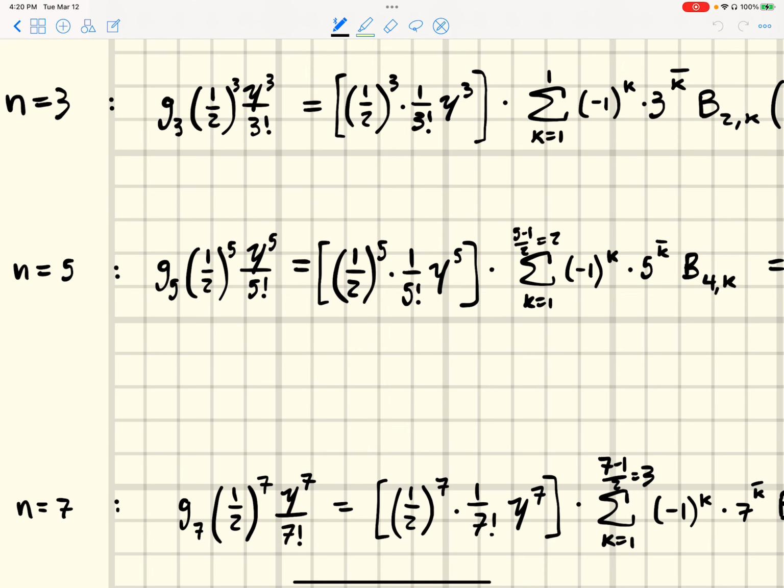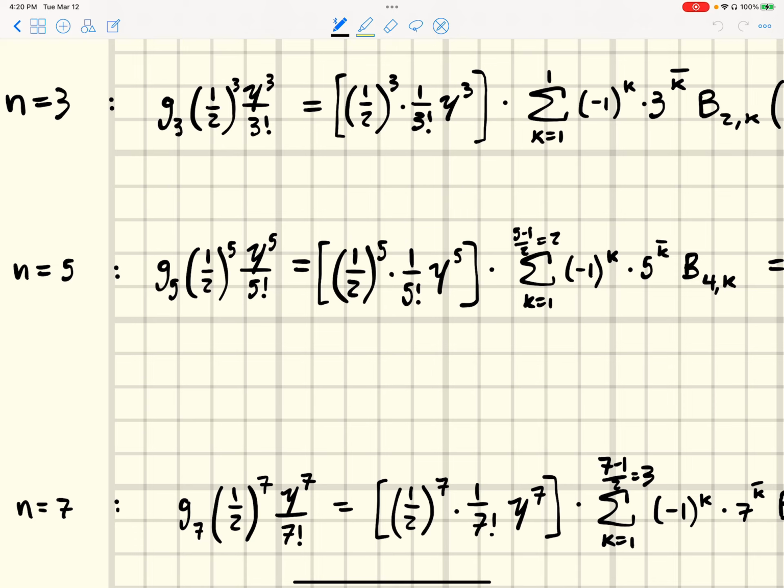Then n equals 5, same story, just a little bit more involved. Once you get the idea, these become extremely easy to calculate as long as you are comfortable with calculating Bell polynomials. There's a lot of literature on calculating partial Bell polynomials, so I can't really get into all that here.